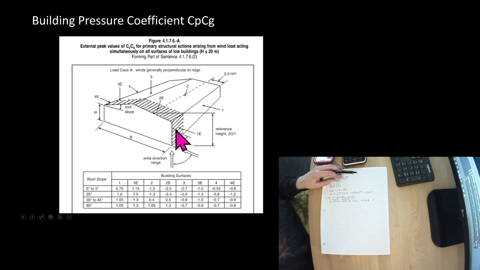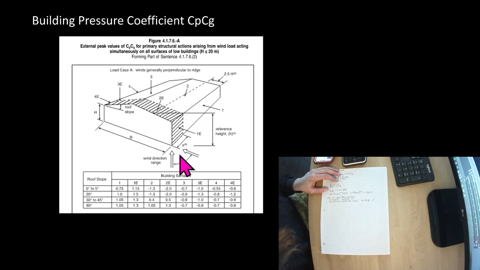So we care about the end zones and the side walls, so zone 1E, 1, 4E, and 4, or our windward and our leeward side of our walls for our end zone and our regular zone. So let's pull those out. So that's these values here.